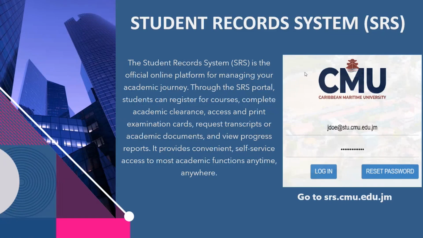Now, the first platform that we would like to sensitize you on, you have already been experiencing or using, which is the student registration or student record system. We affectionately refer to it as the SRS.